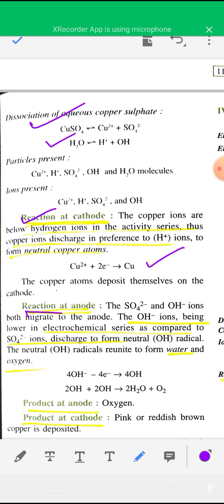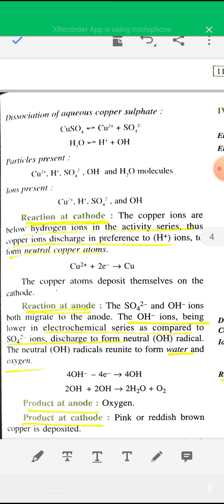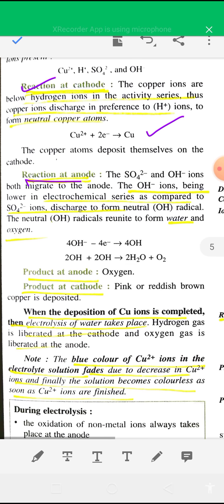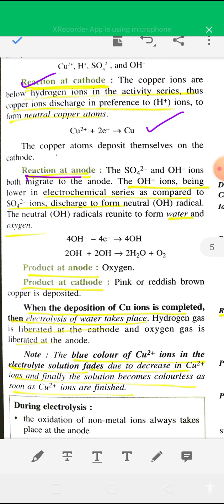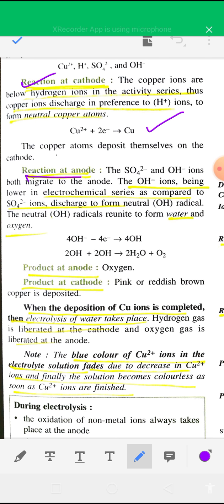Okay, and what will be the anode reaction? The SO4 2- and OH- ions both migrate toward the anode, and the OH- ion, being lower in the electrochemical series as compared to the SO4 2- ion, is discharged at the anode more easily.